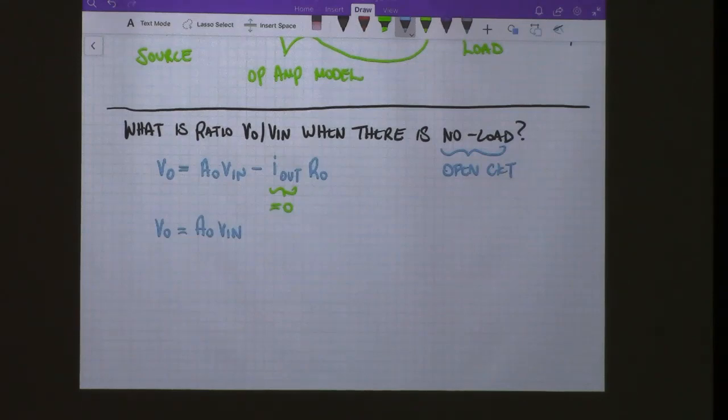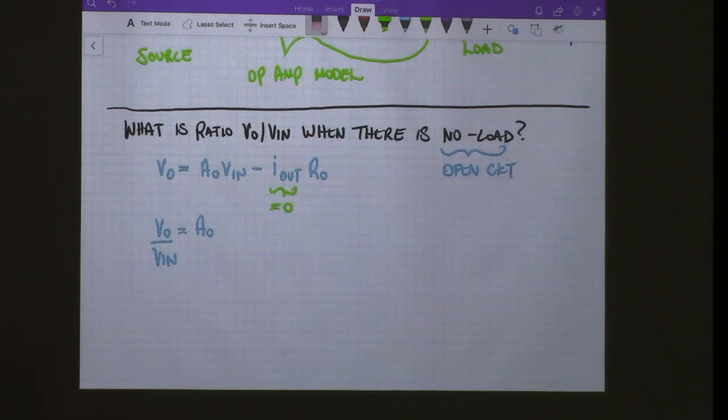So I can move this to the other side. The ratio of the output to the input will be equal to the open loop gain A naught when there's no load placed there. And this is just the beginning of the different types of analyses that we're going to do on this.